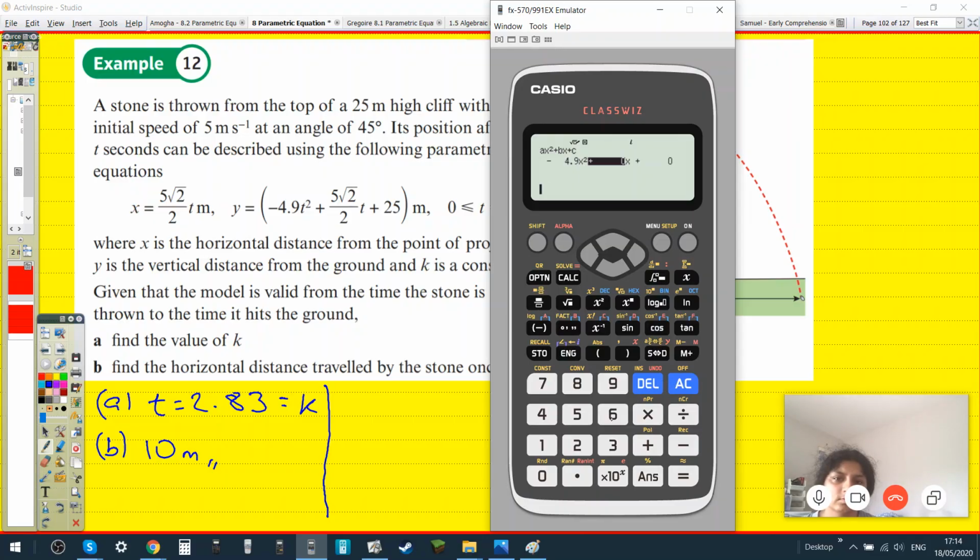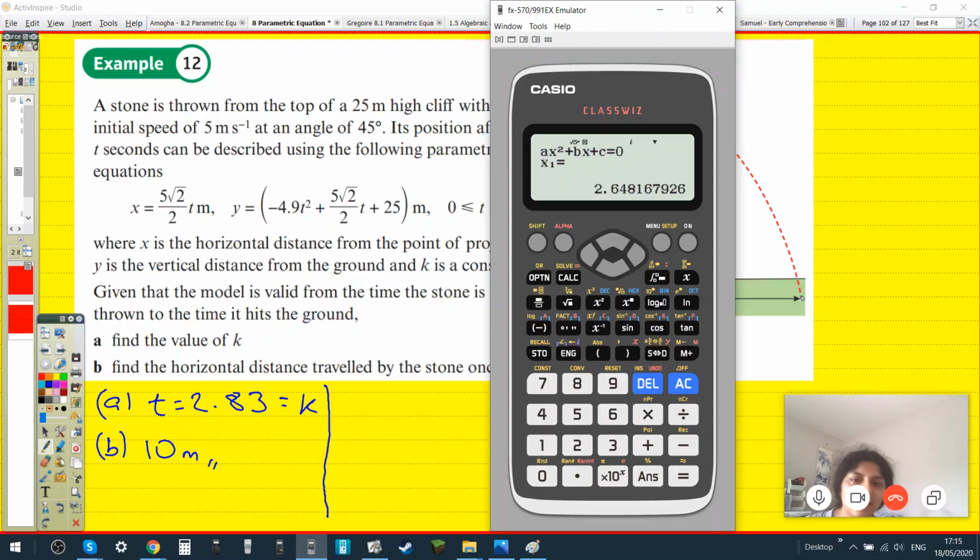Fraction 5 root 2, fraction 2, 25. 2.648. I don't know what happened.